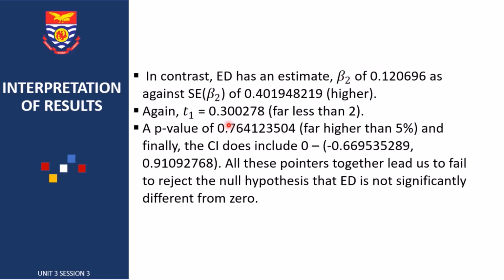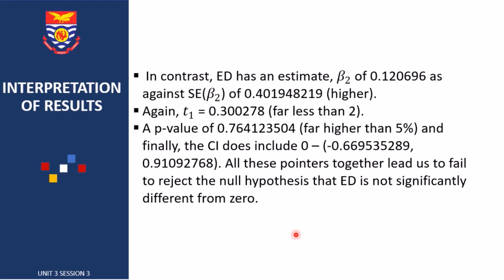And also we have a t-statistic which is less than the standard of 2, and a p-value of 0.76413. All these indications, together with the confidence interval, which shows that our value lies between negative and positive values around 0, up to 0.91092, indicate that we fail to reject the null hypothesis that this education is not significantly different from 0.